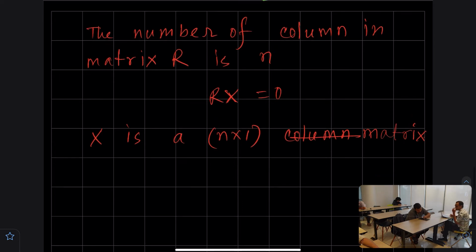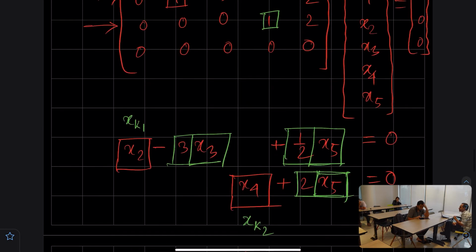So now, nontrivial is non-zero, right? And trivial means 0 is equal to 0. Remember that whenever you have a 0 row there, that produces 0 equal to 0. So if I multiply this row with this, it is just 0. A zero row produces a trivial equation.